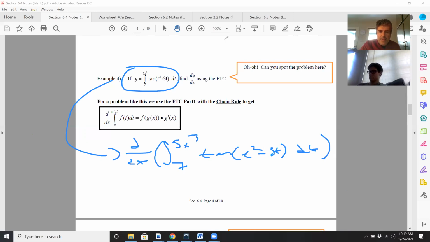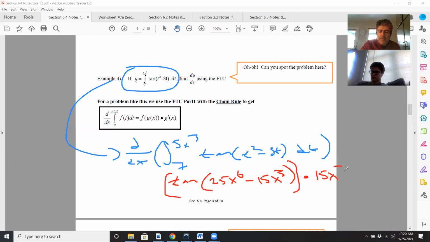Well, yeah, replace the t with the 5x cubed, of course, is what we've got to do. So it's tan of 25x to the 6 minus 15x cubed. But then you've got to multiply it by 15x squared, because that's part of the chain rule.